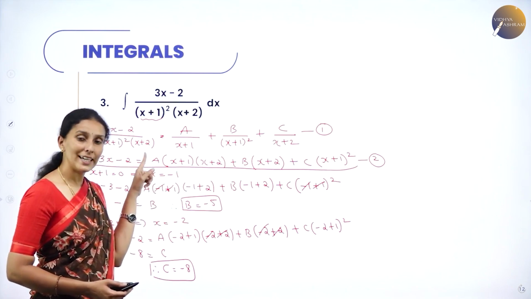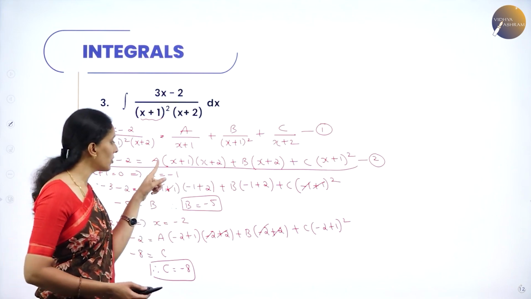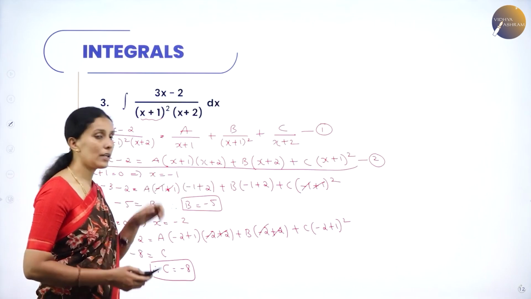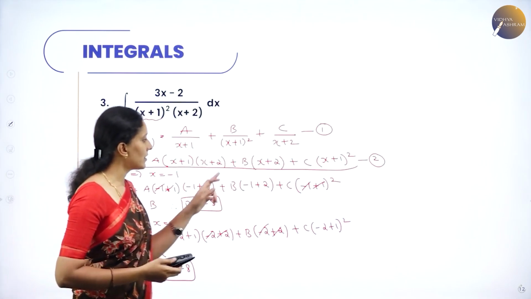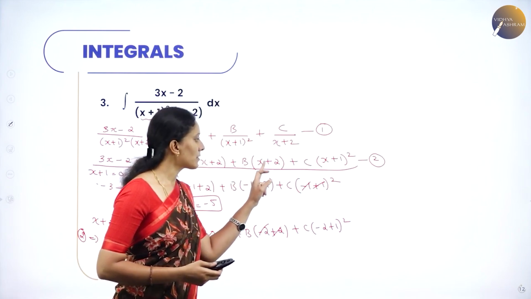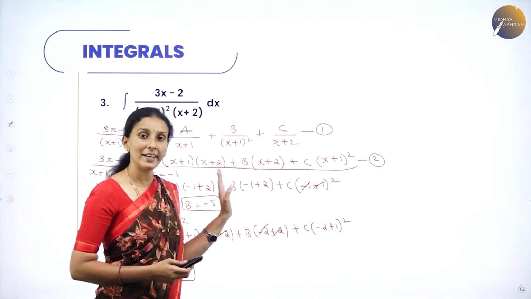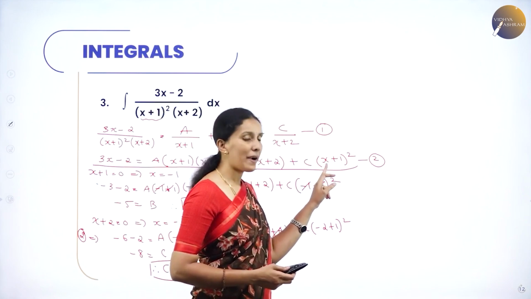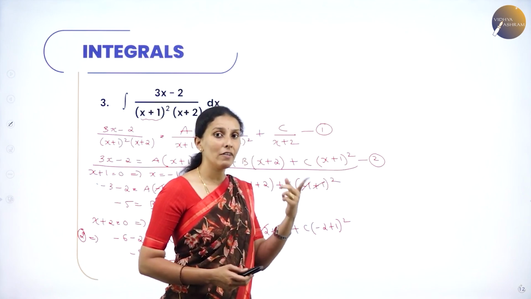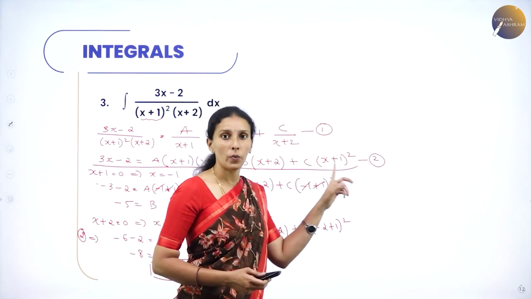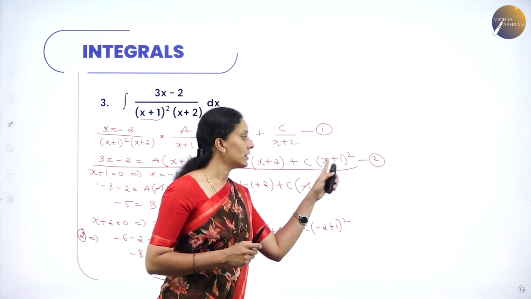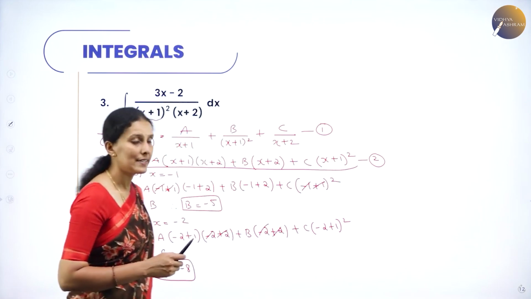Outside you have a constant a, so the coefficient of x square in this term is a. Next, the second term becomes bx plus 2b, so you will not get an x square term. If you expand (x plus 1) whole square, you will have an x square term, so it becomes c x square. So therefore, you can take the coefficient of x square as c.